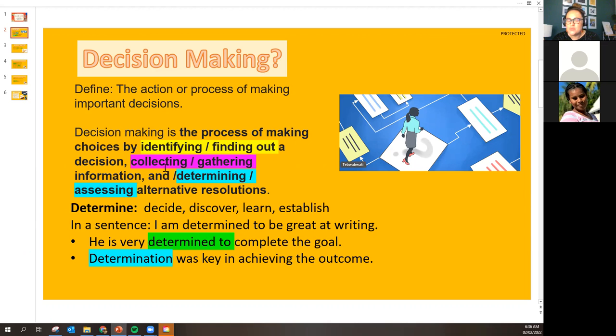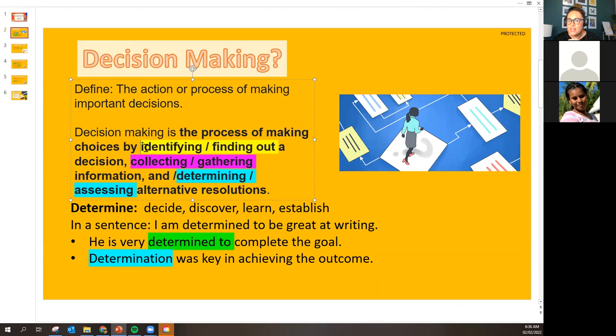Okay, so I just want you all to take some notes. So decision making, when we're making a decision, we're choosing a choice. But look at this, it's the process of making choices by identifying or finding out. So remember, every time I have the dash in between the words, that's another word.